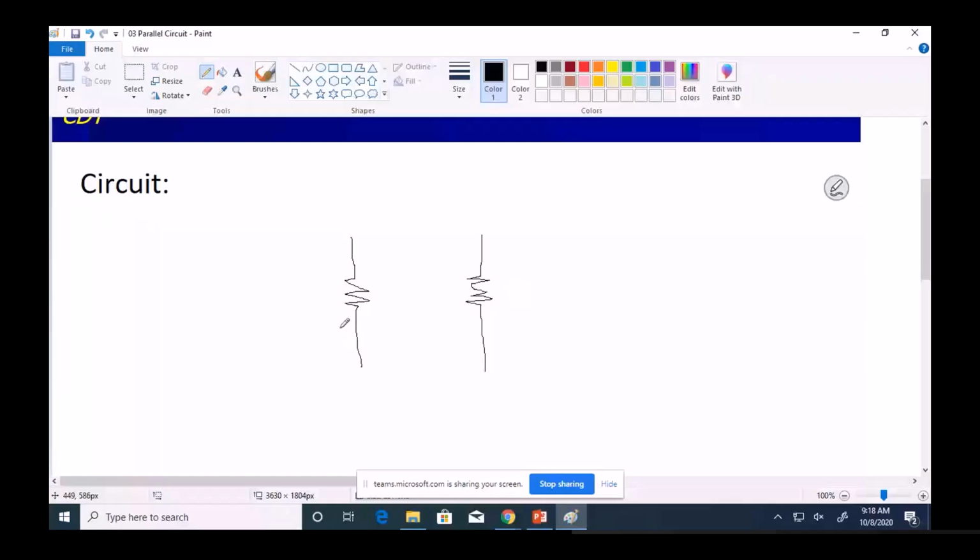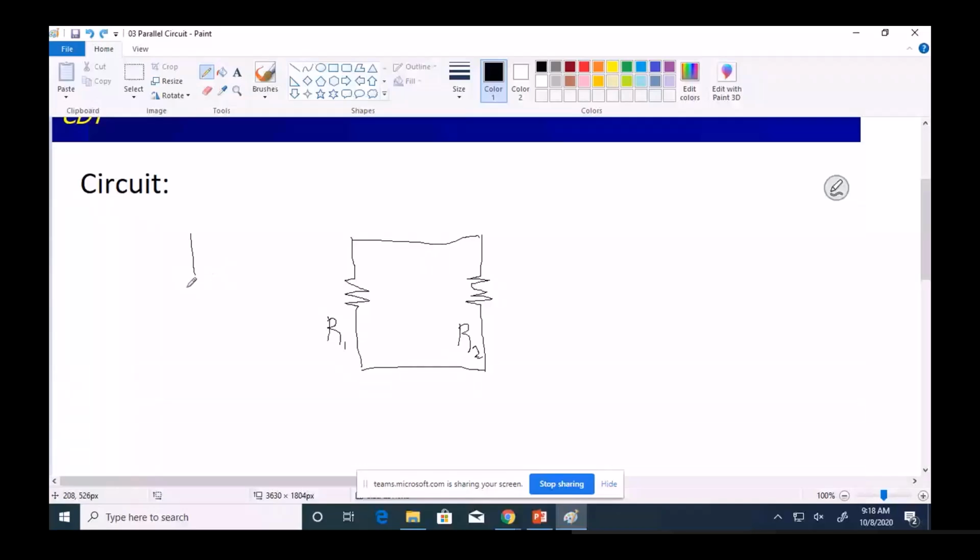So this is our R1. And this is our R2. This is not yet parallel connection. So parallel connection here. That's parallel connection. Now we need a battery here to complete the circuit.